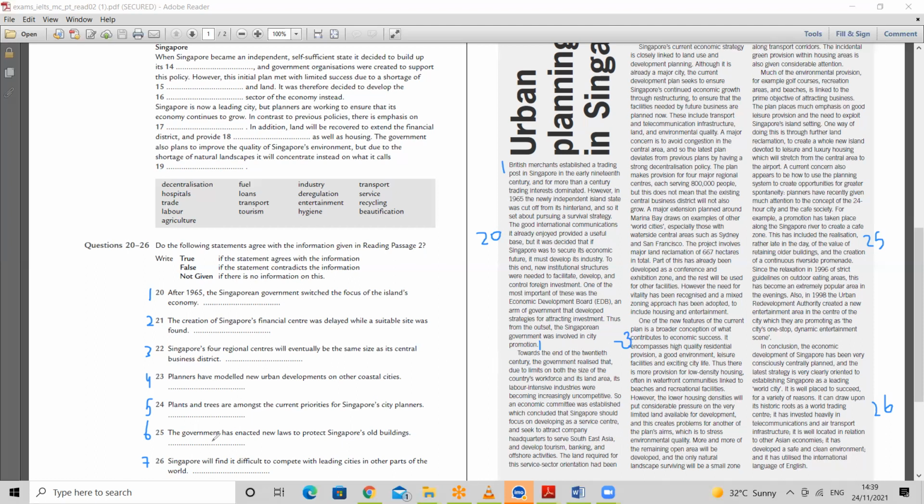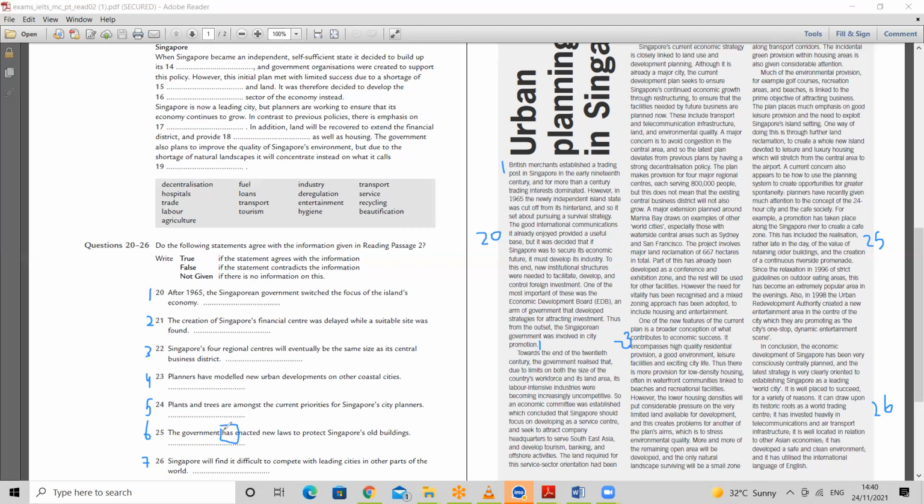It says the government has enacted new laws to protect Singapore's old buildings. Now, how about if you convert the statement to a question? Because you see that the statement is in the perfect tense, we will use has to convert this into the question. So that should be, has the government enacted new laws to protect Singapore's old buildings?